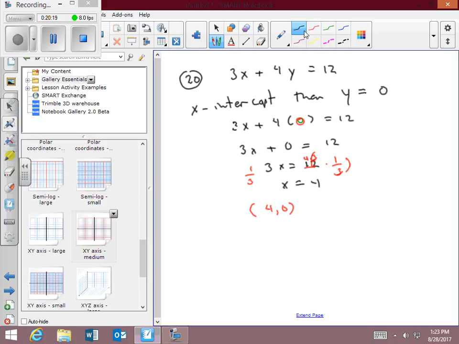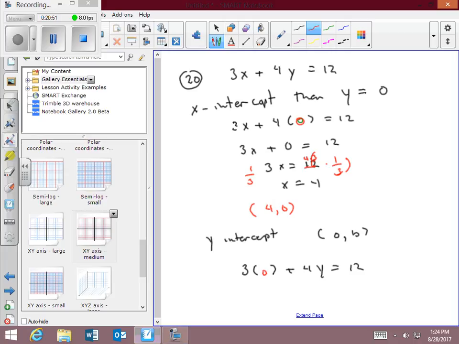The y-intercept is going to be an ordered pair what? 0, B. So you take your equation and in place of x, you're going to put what? 0. 3 times 0 is 0.